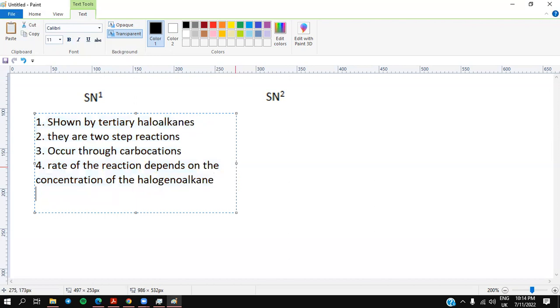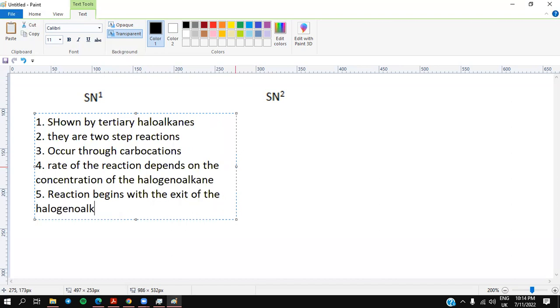Fifth one, reaction begins with the exit of halogen, helped by positive inductive effect.